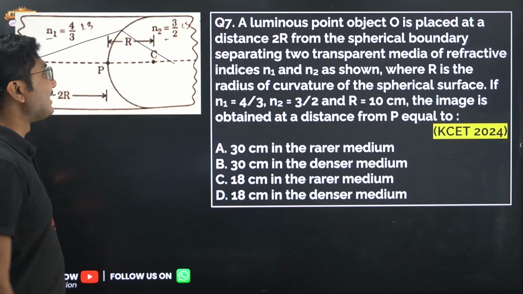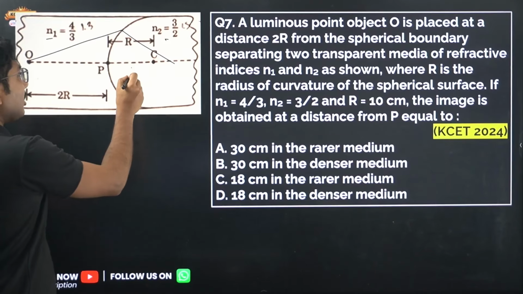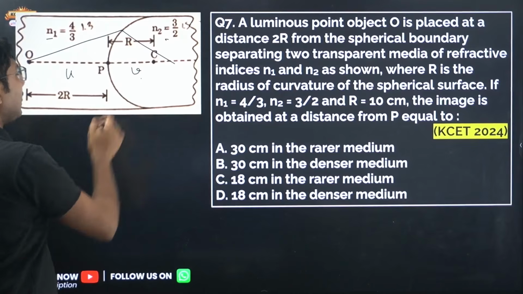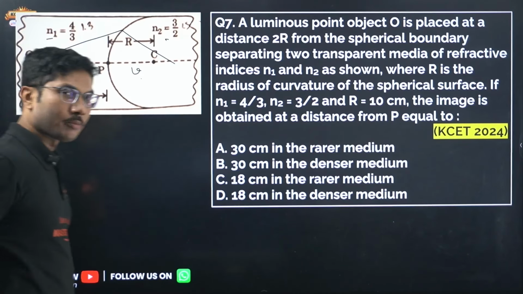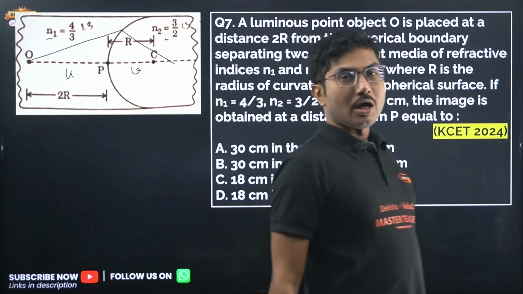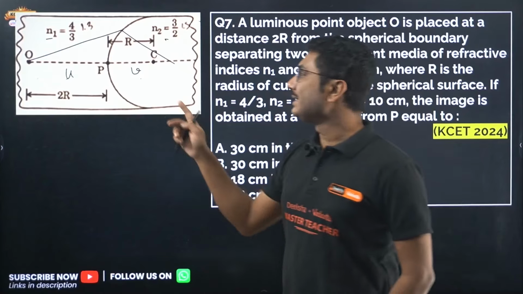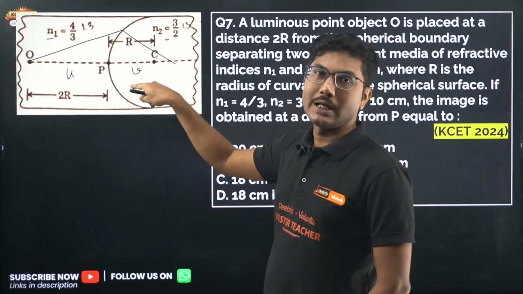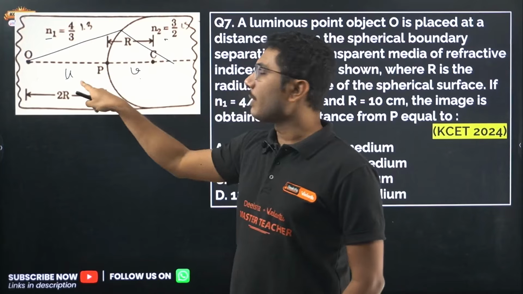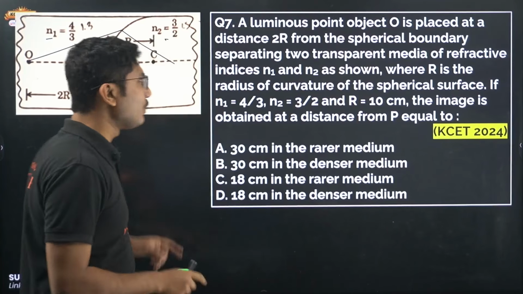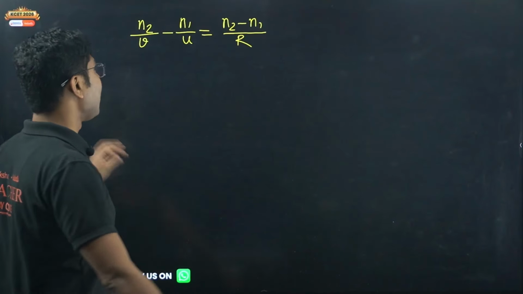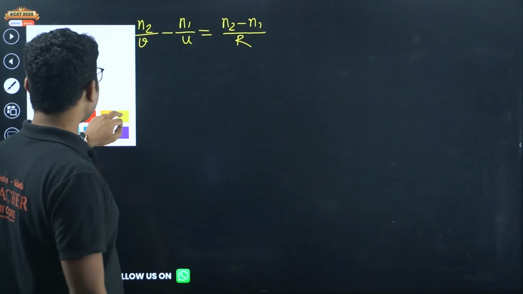So v is the image distance, u is the object distance, so n2 by v minus n1 by u. Normally in lens equation we see 1 by v minus 1 by u, but in this case because v is located inside n2, it will be n2 by v minus n1 by u, and equals n2 minus n1. If you remember this, then it will be also easy to remember n2 minus n1 divided by R.